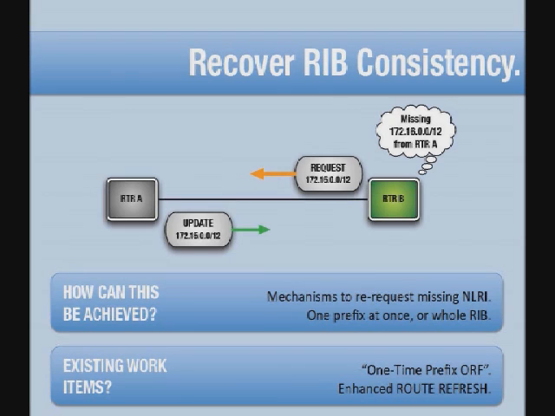It's the same kind of mechanism as before. We've got router A and router B, and we've got this withdrawn prefix on router B. There are different ways to request that prefix, right? The only one in the standard right now is a route refresh, which is fine, but obviously there's a lot of load there, and it will leverage the same update packing and code that was used in the first place to advertise to us.